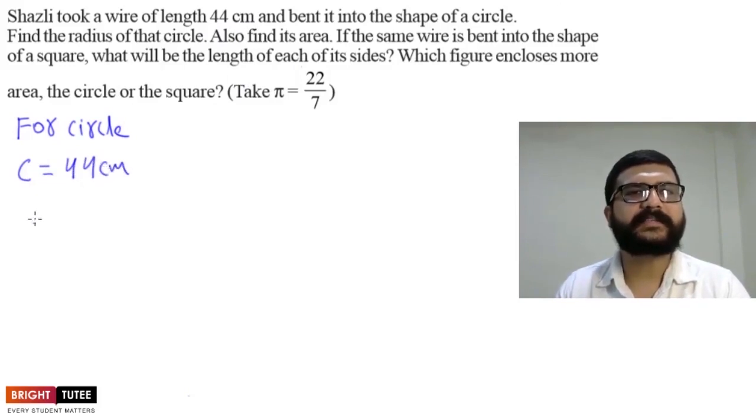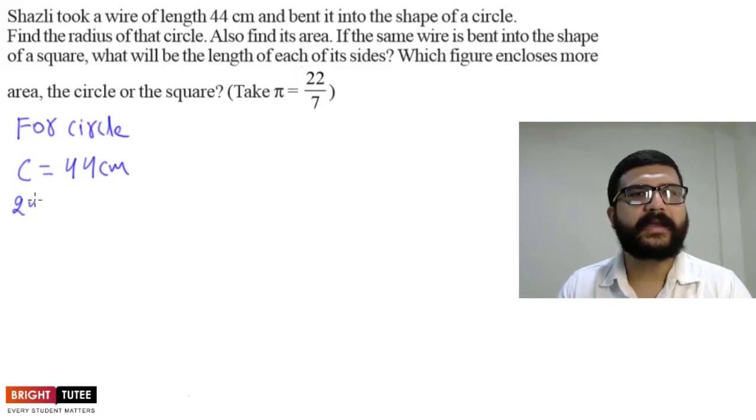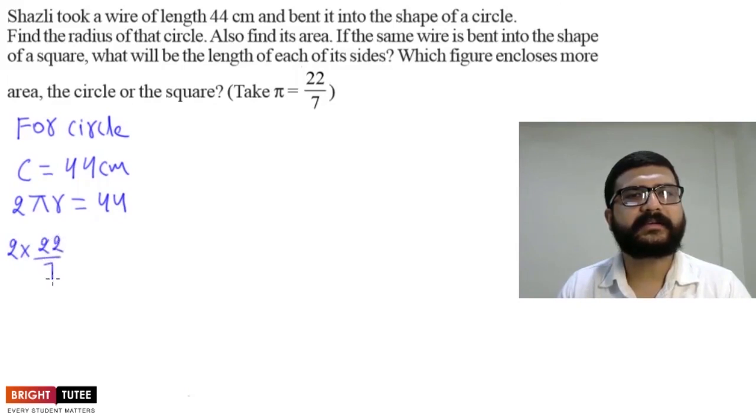Now how do we find circumference? It is 2 pi r. So we are having 2 pi r is equal to 44. Now let's put the value of pi here. It will become 2 into 22 upon 7 into r is equal to 44. Now 2 into 22 means 44 upon 7 into r is equal to 44.